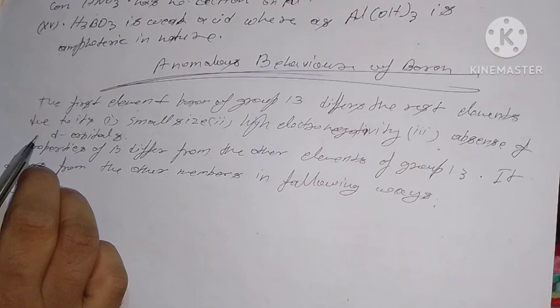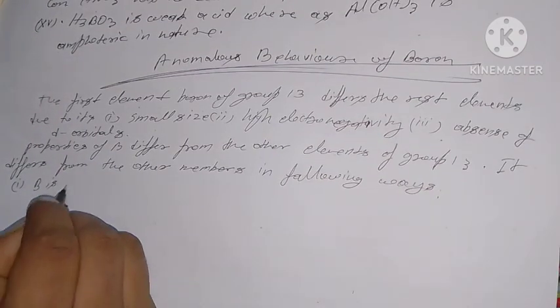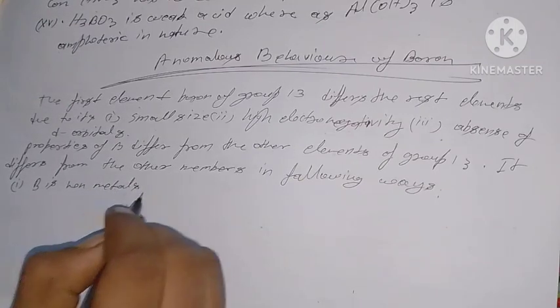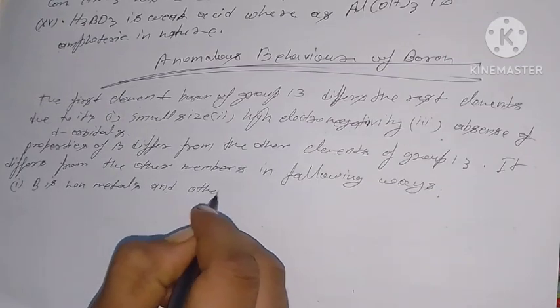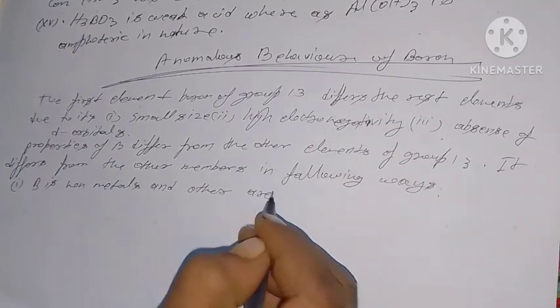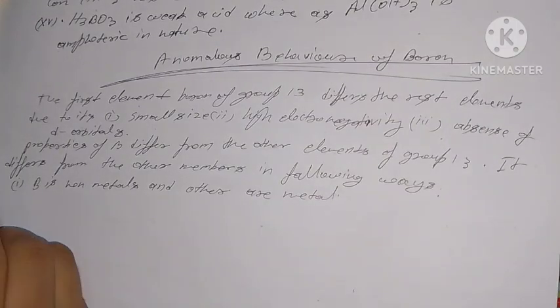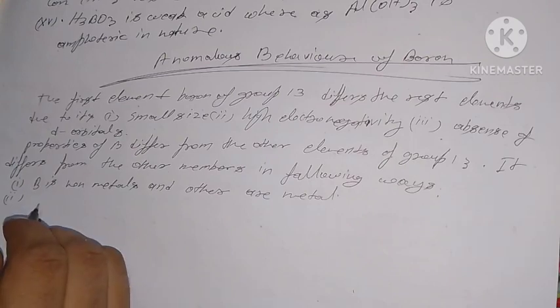First point. Boron is a non-metal and the others are metals. Second point.